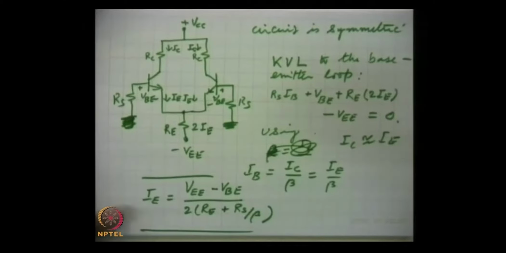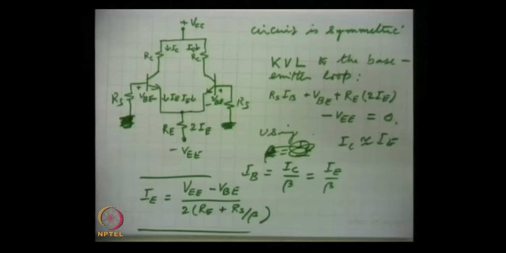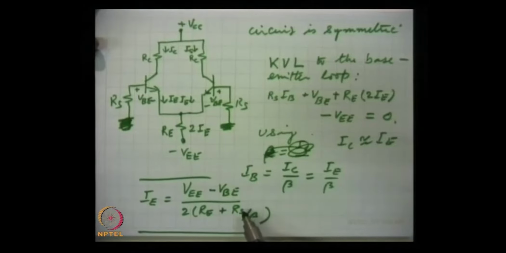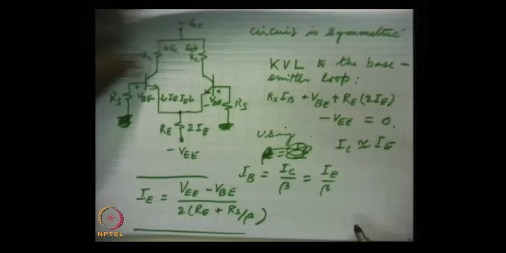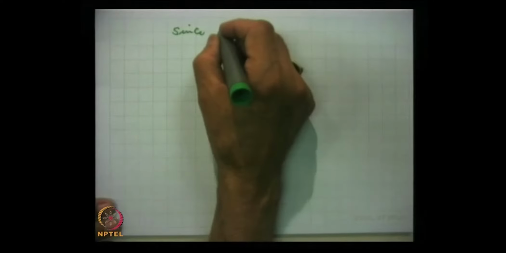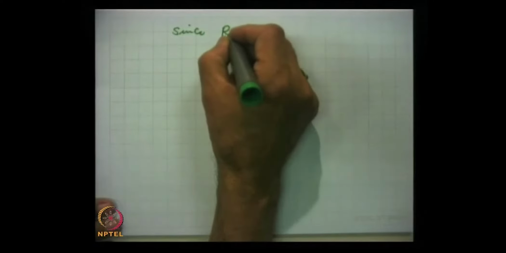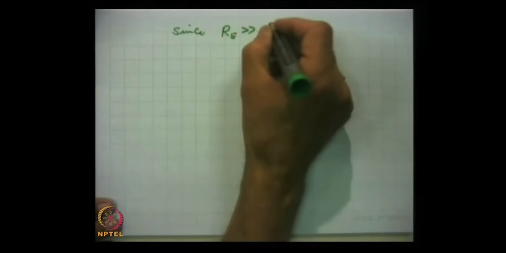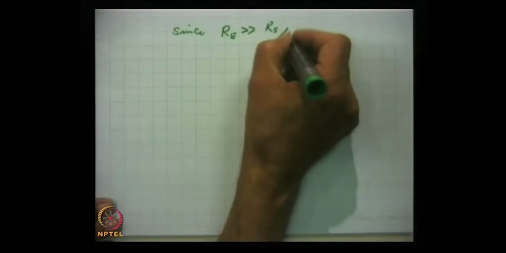So, this is the IC. Now, here RS is small, as I said in the beginning, the source resistance is small, and RS by beta will obviously be very small, and RE is very large as compared to RS by beta.